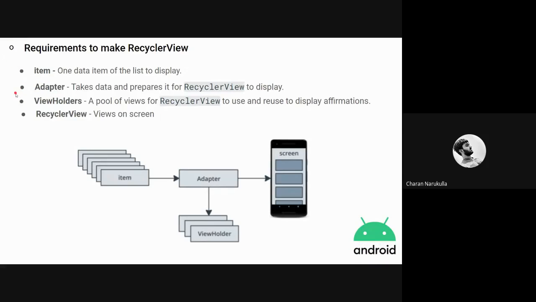An adapter is like a mediator. It takes data and then prepares the data to be displayed in the recycler view. And then we need a view holder to hold all these views, which are a text view and an image view. Finally, we need a recycler view, which we are going to use in our main activity or some activity directly to display the final recycler view in our app.